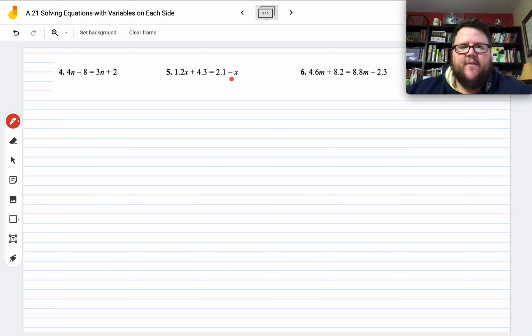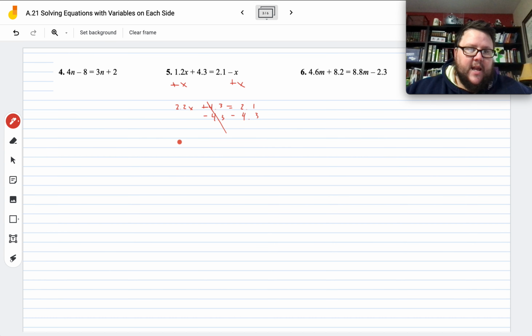So I have negative x, so I'm going to add x to both sides. So I get 2.2x, because that becomes 1x. 2.2x plus 4.3 equals 2.1. So then I'm going to subtract 4.3 from both sides.